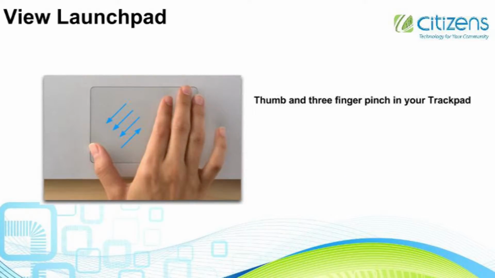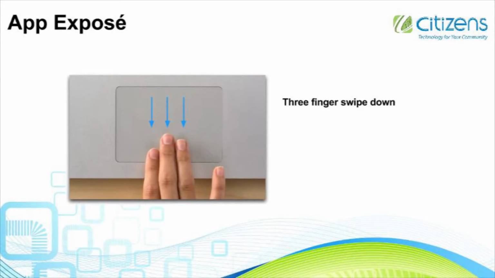Now, to view your Launchpad, and we'll go over what a Launchpad is in a second, you would take your thumb and 3 fingers and pinch them together on your trackpad. And for App Exposé, which shows where all your apps are, you would do a 3-finger swipe down. And to close out of that, you would 3-finger swipe up.